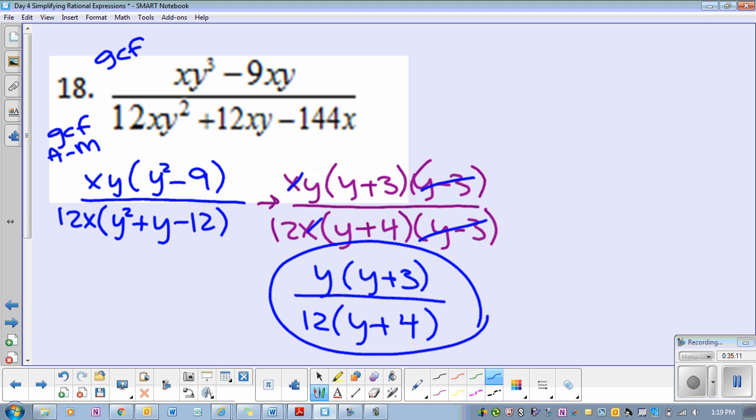That's number 18. Number 19 should be easy. Top, you don't do anything. Bottom, you factor it. Do your homework. Thank you.